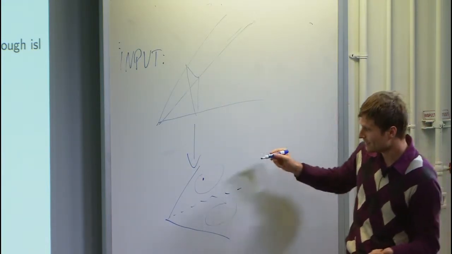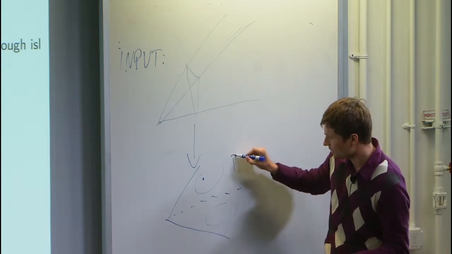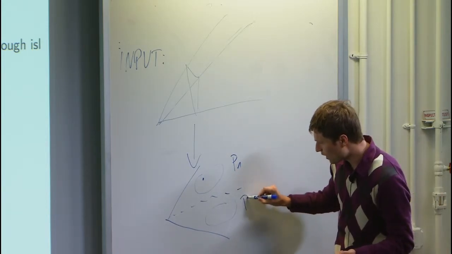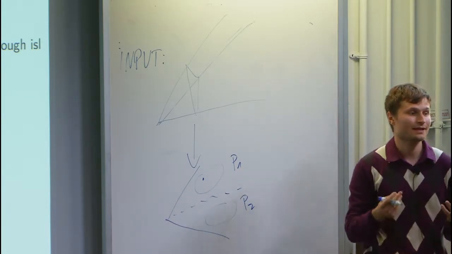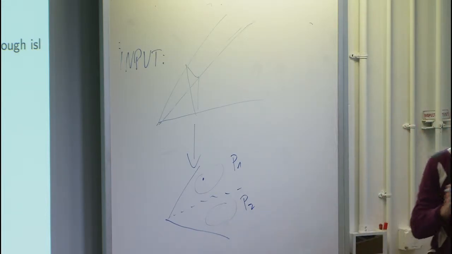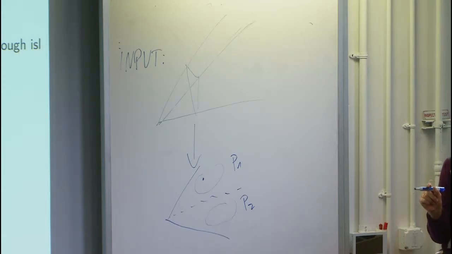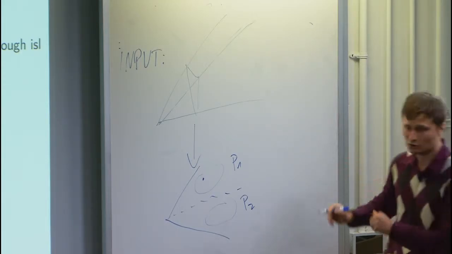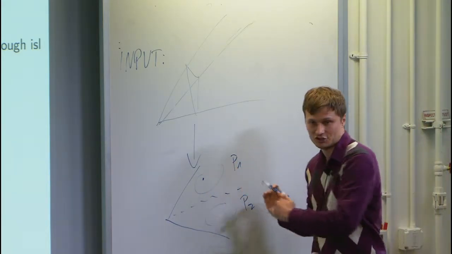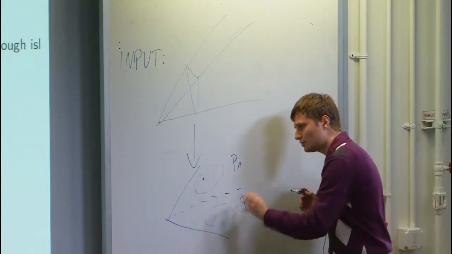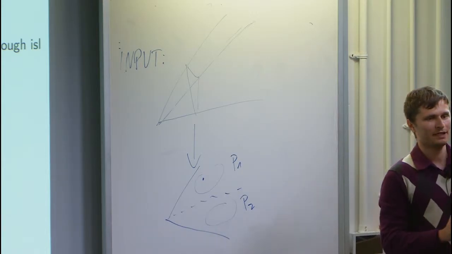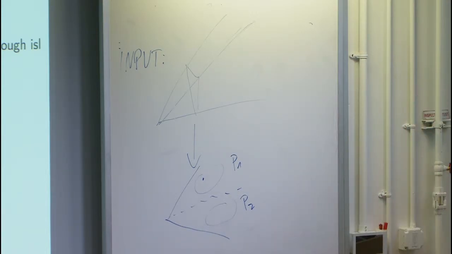So I get a quasi-polynomial here and a quasi-polynomial here. By a quasi-polynomial I mean a polynomial whose coefficients depend on parameters modulo a fixed number. This is the output of Barvinok: the chamber decomposition and the quasi-polynomial in each chamber.